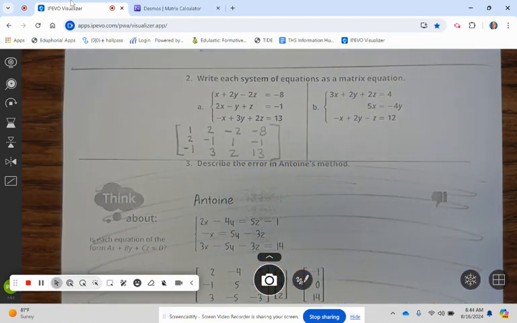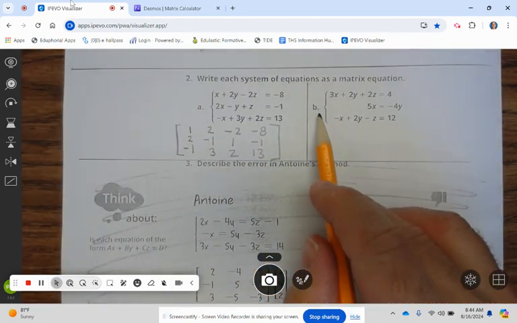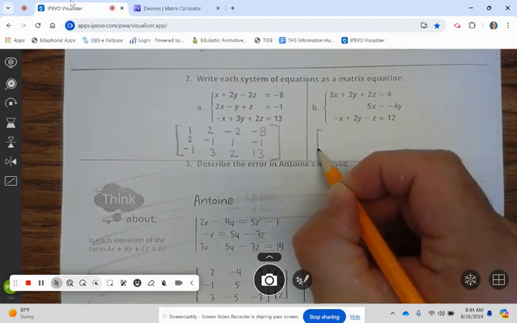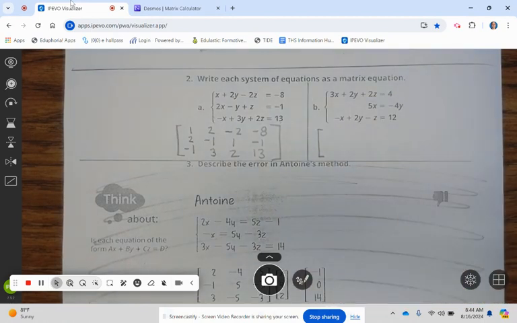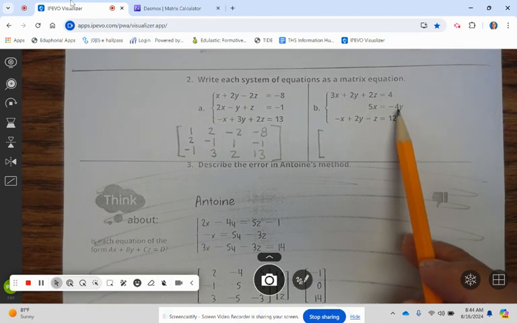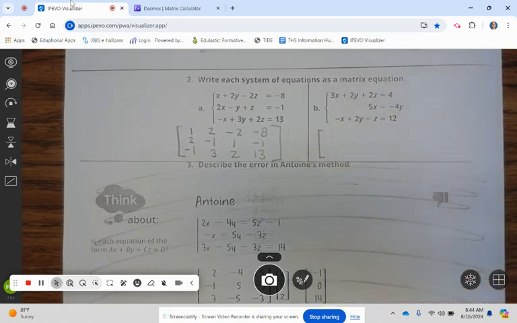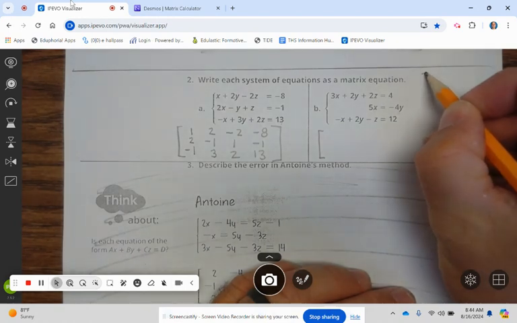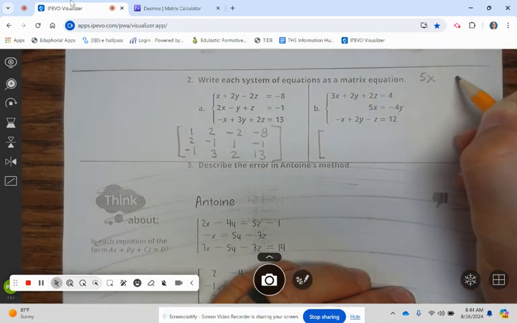All right, let's take a look at B. Now the issue is the y here is on the wrong side, so we need to move it to the other side. Okay, so let's come over here and work with it.